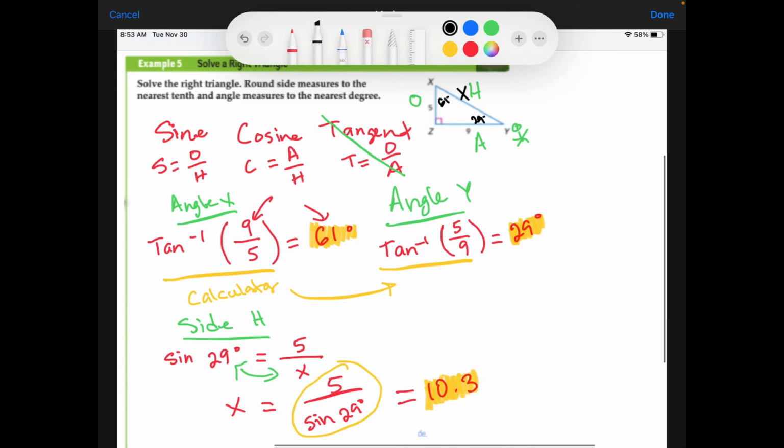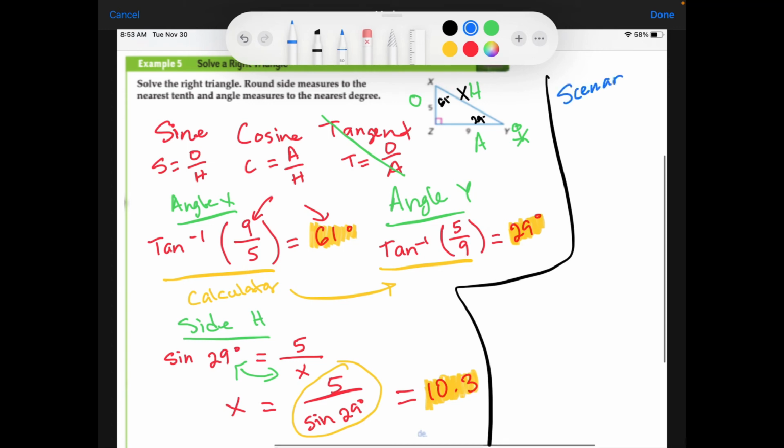And I just want to point out, getting your x alone when you're dealing with trigonometry is pretty simple. I'll write it in scenarios. Scenario number 1.